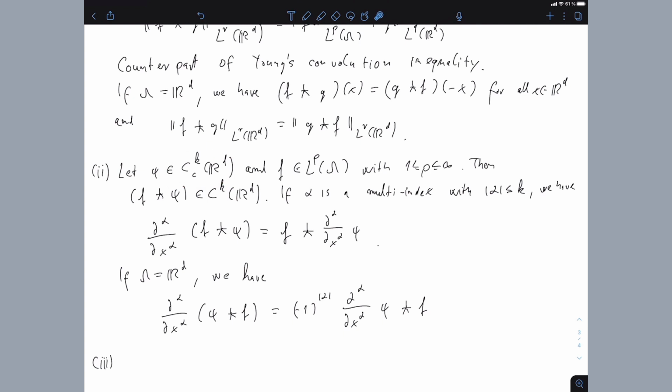So f is still just an L^p function. This already tells you that the correlation really makes this smooth. No matter if f looks very ugly, has many jumps, it's just integrable, after the correlation it's as smooth as the kernel that you had. You can even look at it as a limitation of this technique. But we don't need to go to weak derivatives here because we actually get strong derivatives.